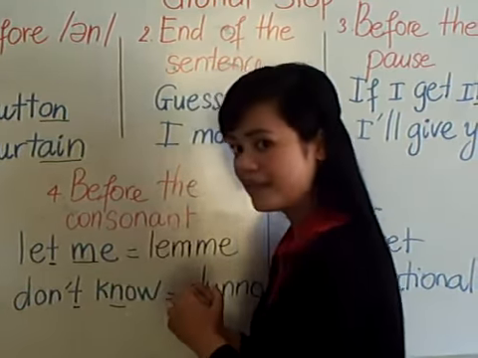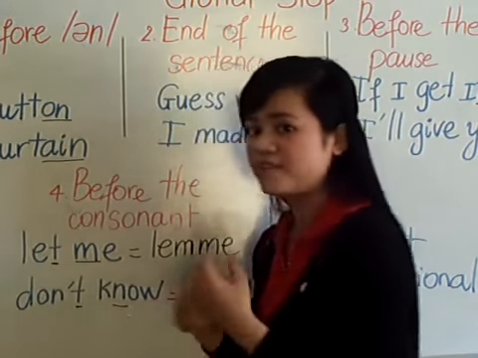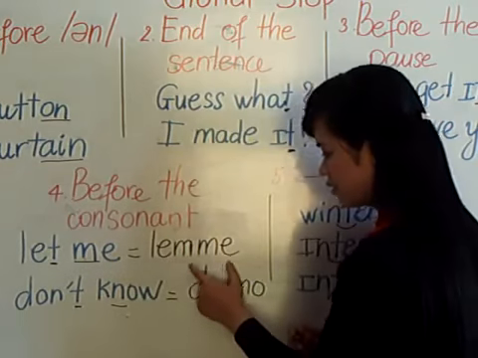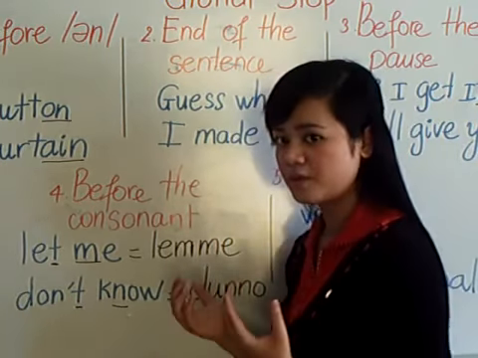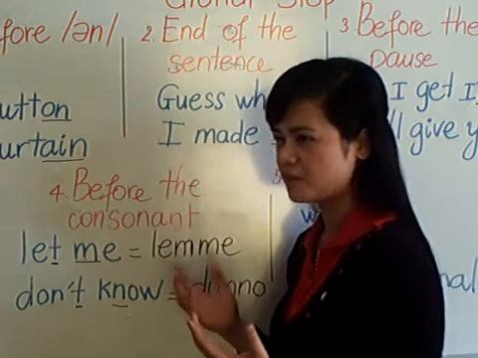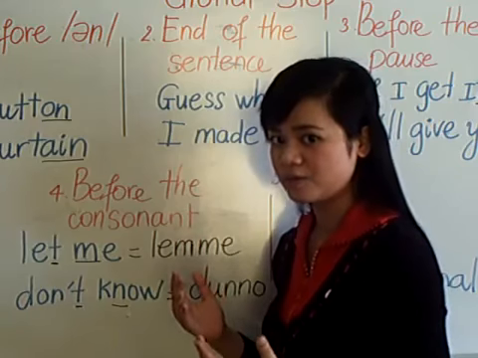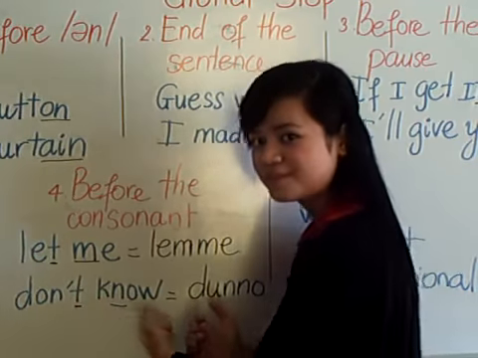So we just say let me. This is the reason why these words are abbreviated to let me here, and here we say don't know. You don't have to say don't know like I don't know. Just say I don't know. Once more, let me, don't know.